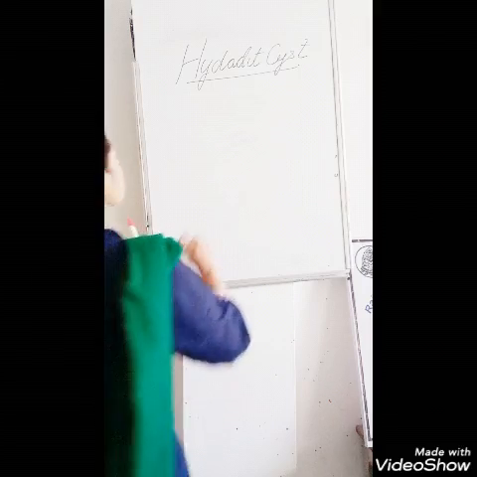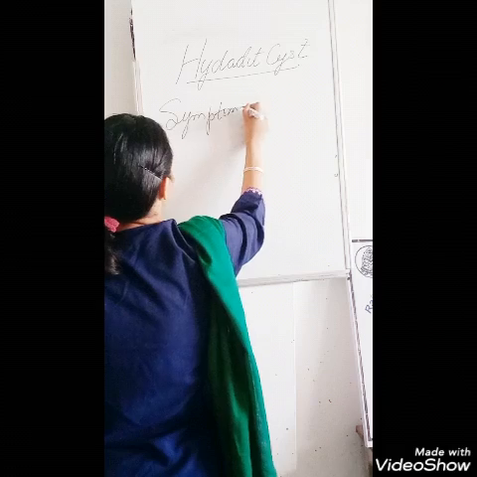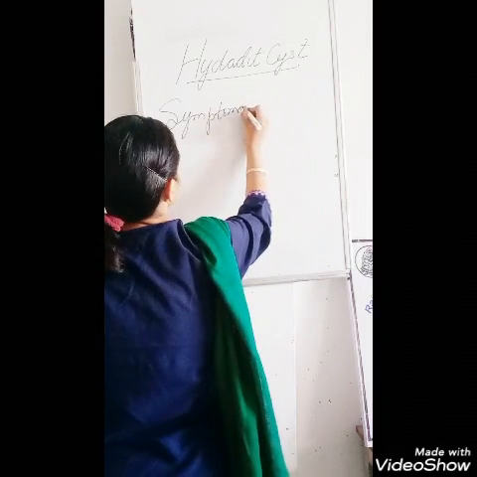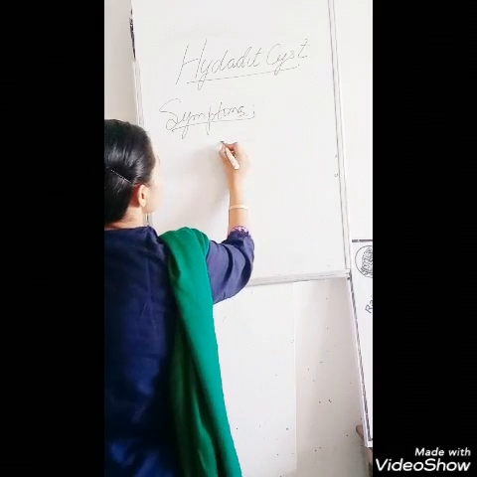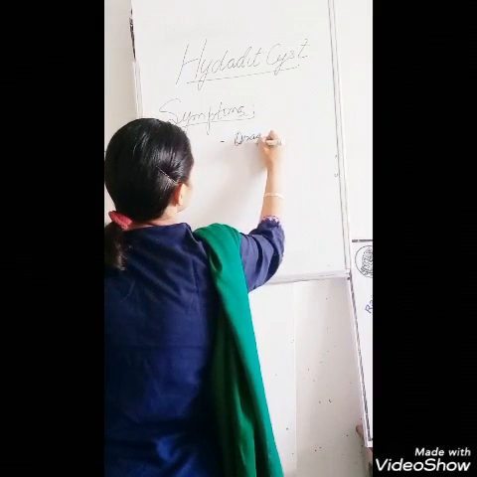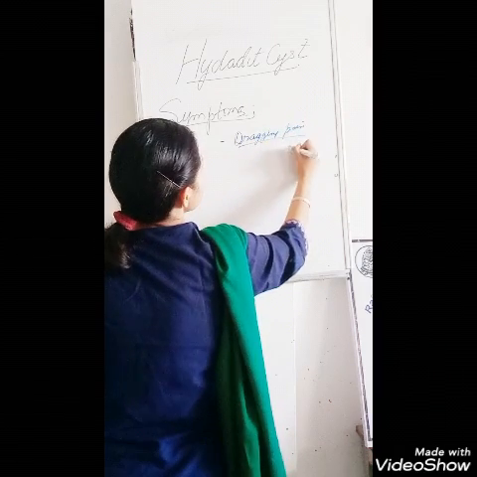Now the symptoms. Mainly many patients are asymptomatic, but in many cases there could be dragging pain in the abdomen, on the right side.